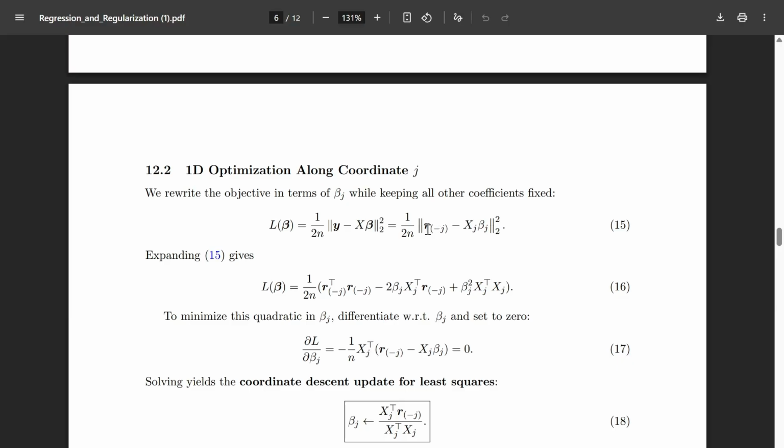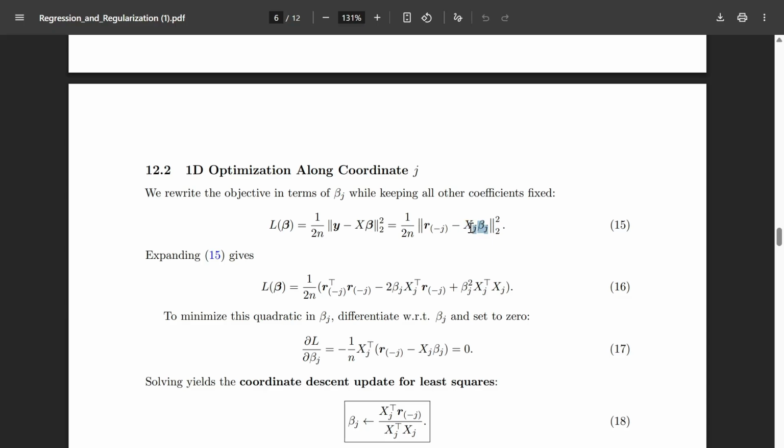So what we are doing here is essentially trying to minimize the loss of that particular coordinate, and for that what you see is r minus j minus xj beta j. So here you see that beta j is there in our loss, right?